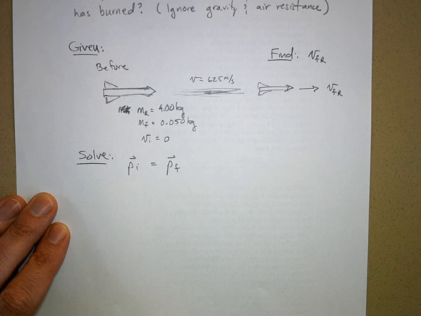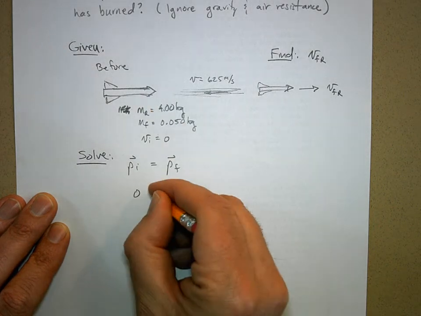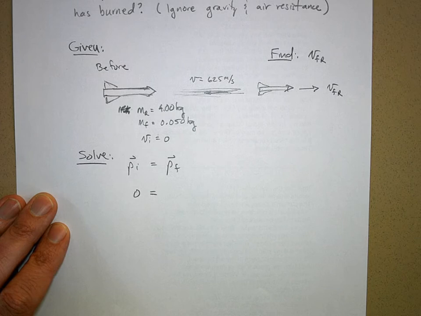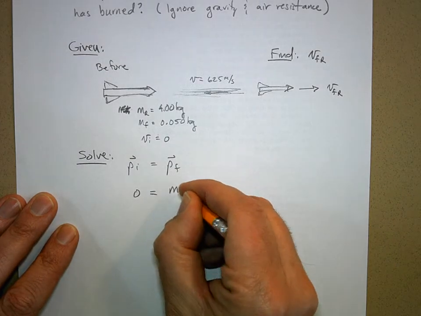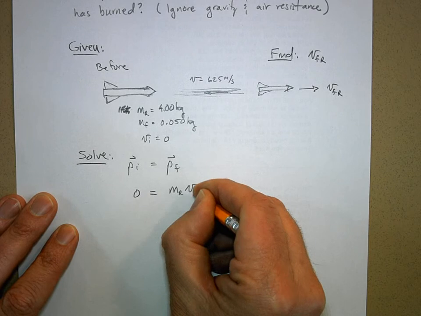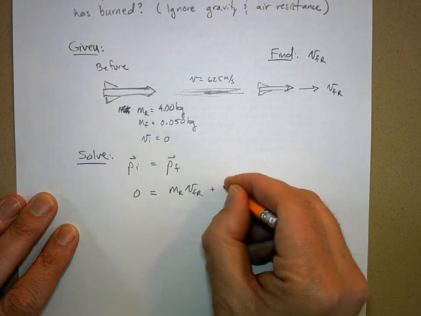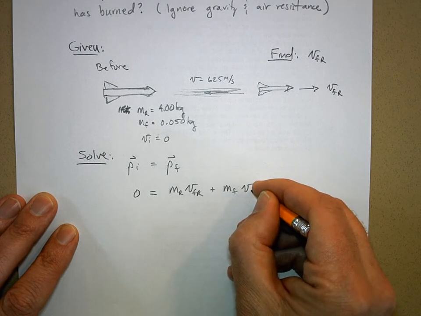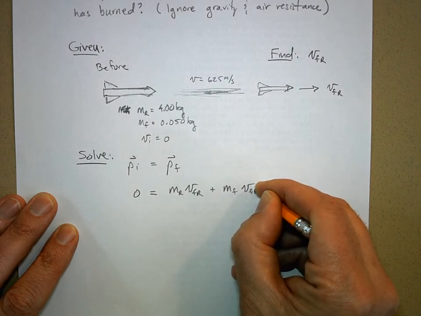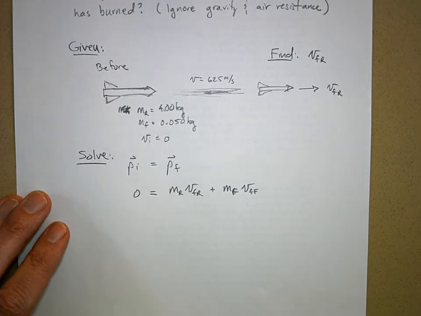The initial momentum of the system is 0 because it's not moving. The final momentum of the system is the mass of the rocket times the final velocity of the rocket plus the mass of the fuel times the final velocity of the fuel. I guess I'll make capital F for fuel here. All right.